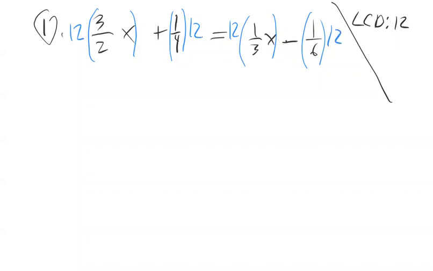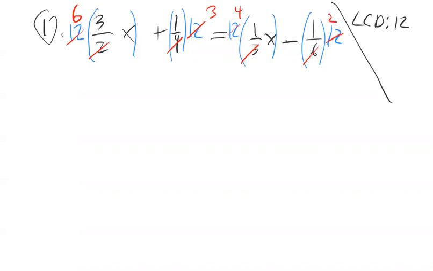And then we're going to find out that this eliminates all those fractions, because you see this 2 divides into this 12 and gives you 6. And this 4 divides into this 12 and gives you 3. This 3 divides into this 12 and gives you 4. This 6 divides into this 12 and gives you 2.